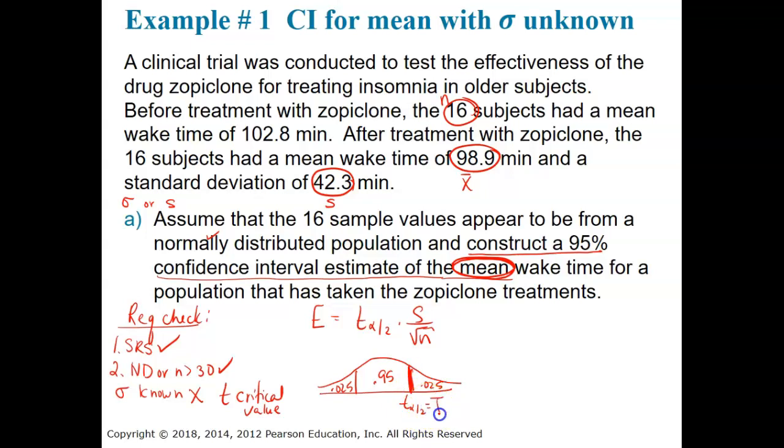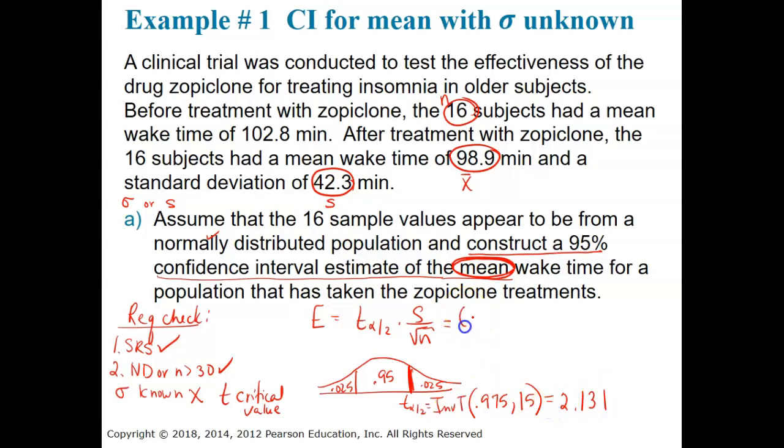So I'm going to do inverse T or use the table, whichever you have to do, inverse T of 0.975. And my degrees of freedom is one less than my sample size, so that's going to be 15. That's going to give me 2.131 for my T critical value.